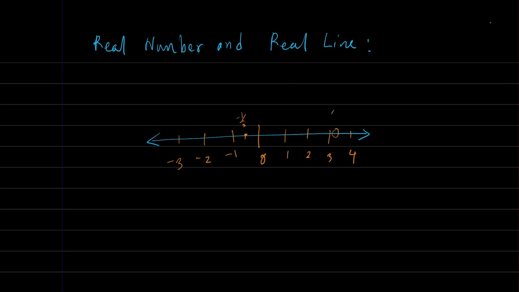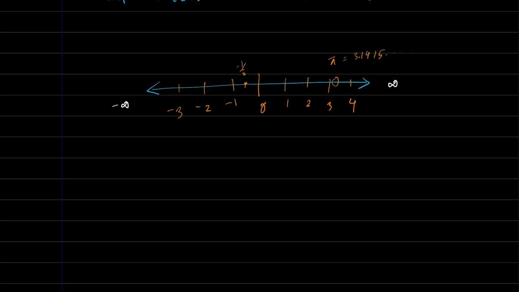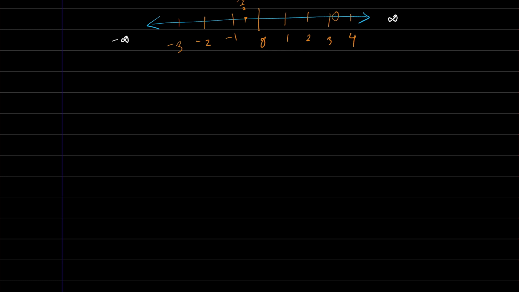Somewhere here we have pi, which is 3.1415 and so on. The right side of the real line extends to positive infinity, and the left side extends to negative infinity. And somewhere in between we have square root of 2, which is also a real number.